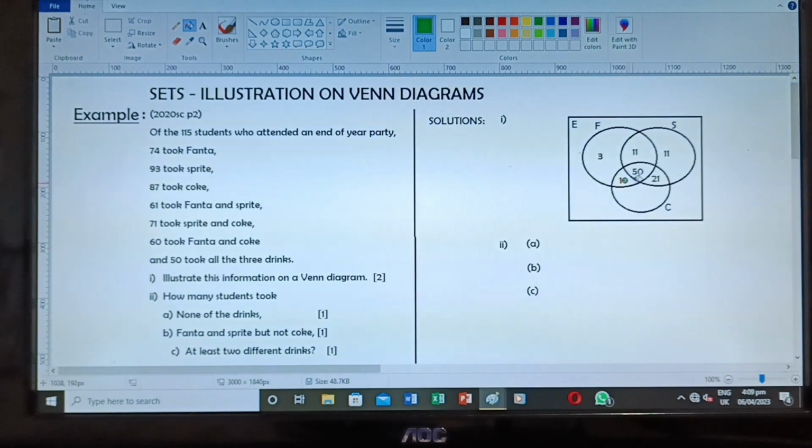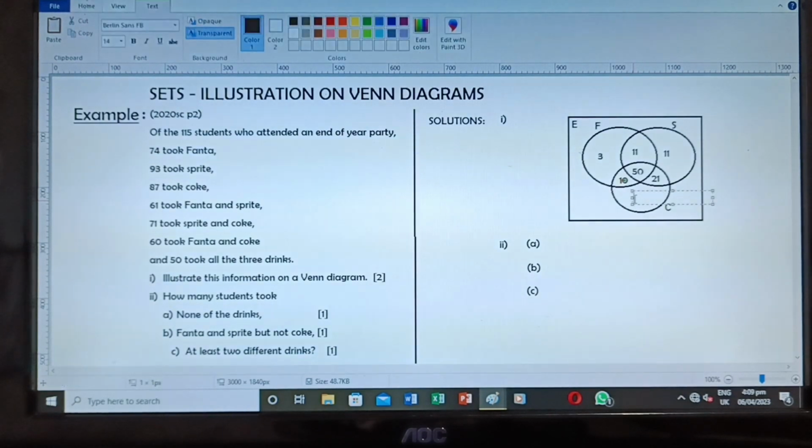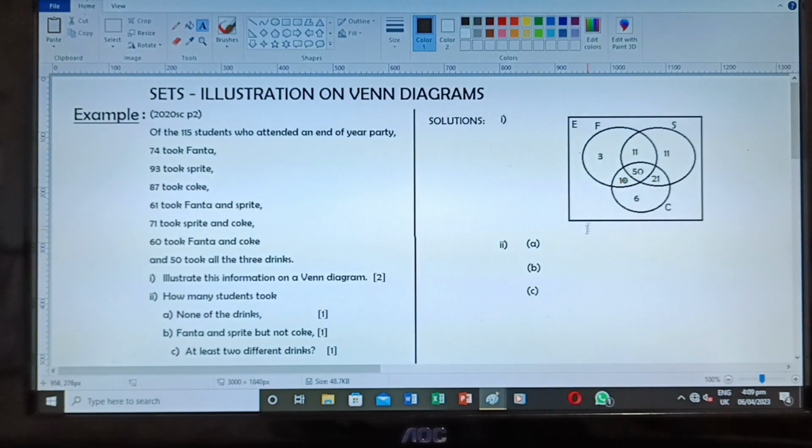Already we have 10 plus 50, it's 60, plus 21 is 81. So the difference between 87 and 81 is 6. So we put our 6 there.